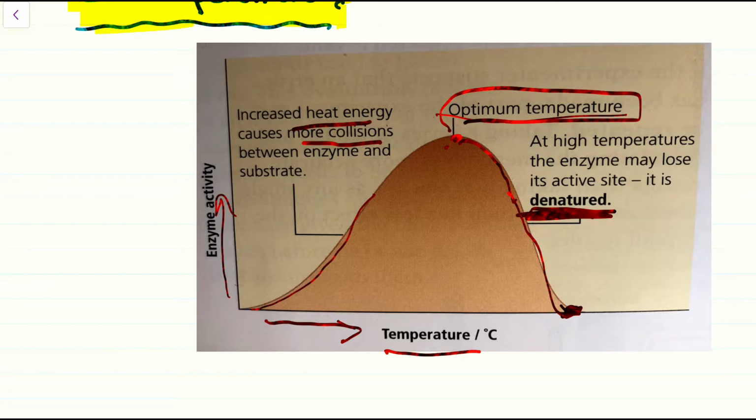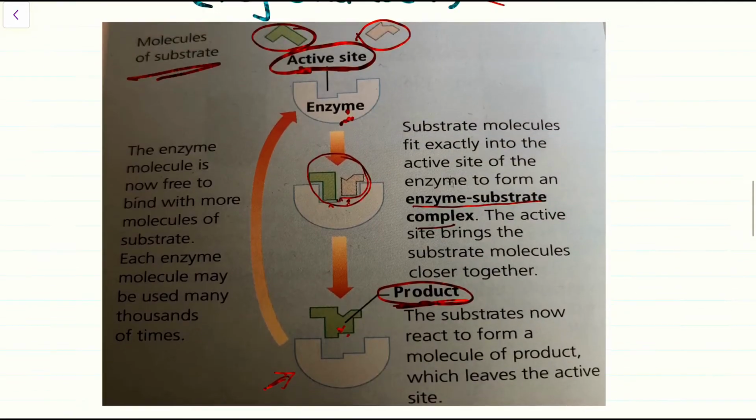What happened? As I told you, in the structure of the enzyme we have a special structure called the active site, at which the molecules of substrate combine with the enzyme. By increasing temperature more than the optimum temperature, which is specific for each enzyme, these active sites start to be deformed.